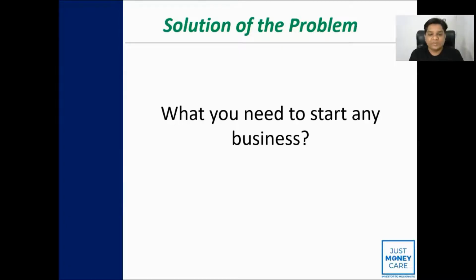For any business, your answer might be capital, or some place, some products, factories or workers, anything like that. But before that, a more strategic answer to this question is that you need some kind of system or process.